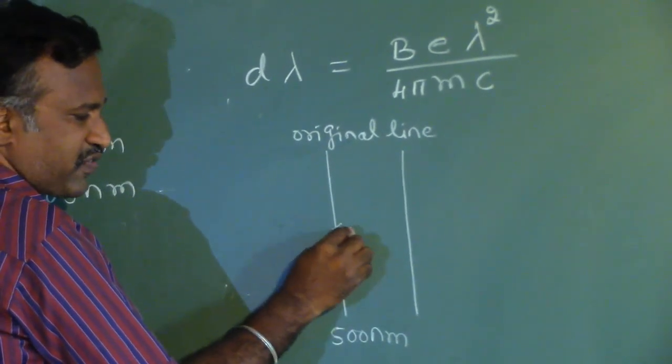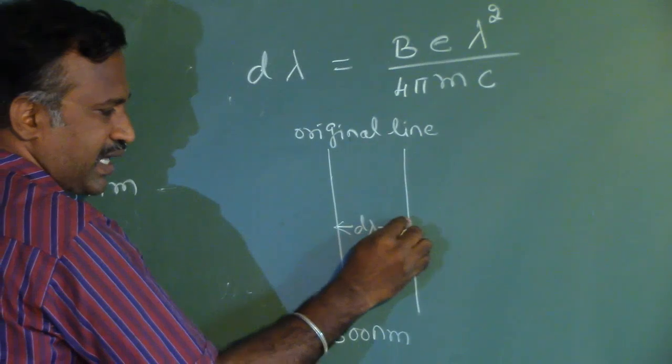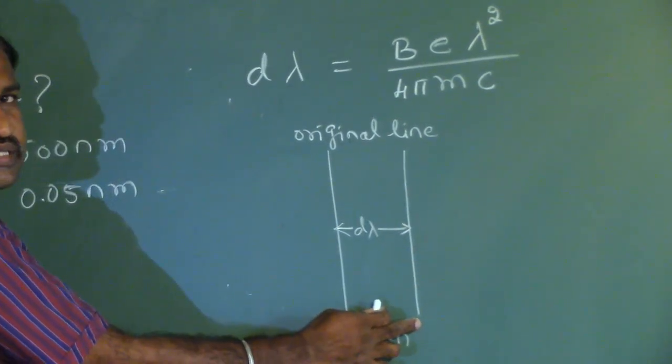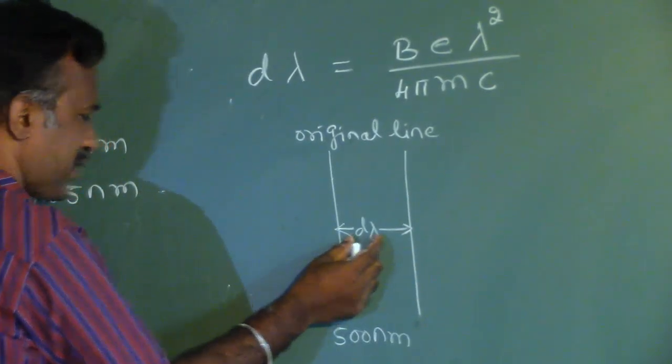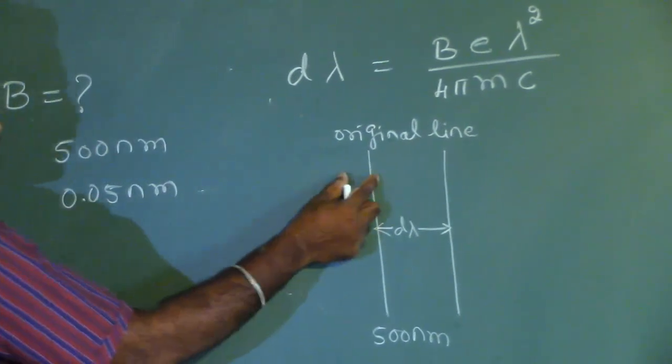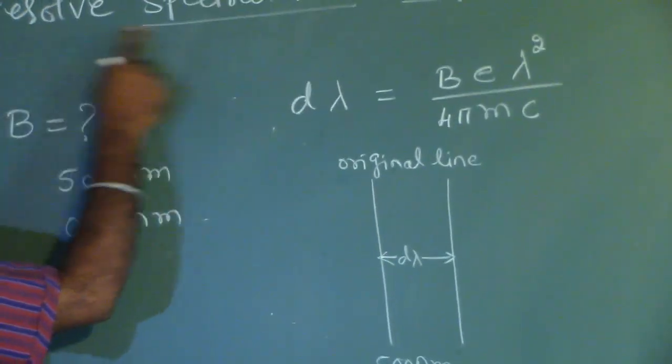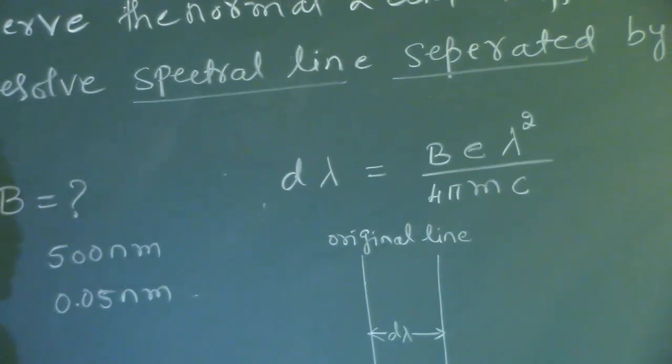So the difference between the original line and the component of the Zeeman line is d lambda, that is the separation from the original line, which they give as 0.05 nanometer.